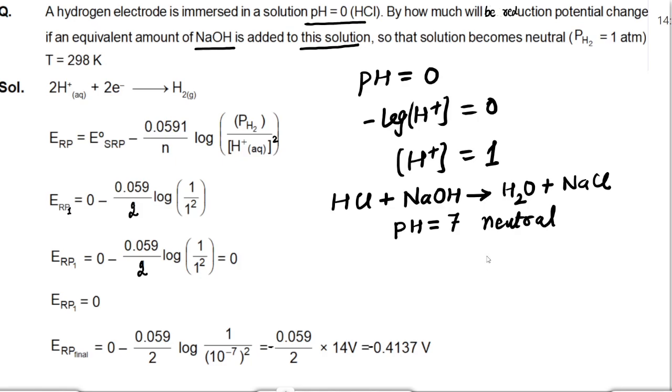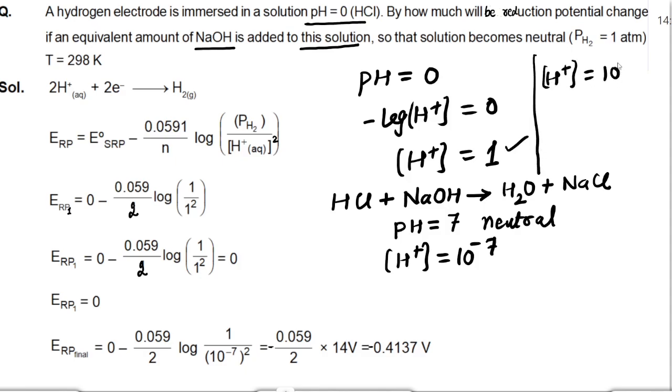Yes, sir. Okay. So first we take pH as 0. When pH is 0, H+ concentration is 1, and when pH is 7, H+ concentration is 10 raised to power minus 7. Keep in mind, H+ concentration is 10 raised to power minus pH.